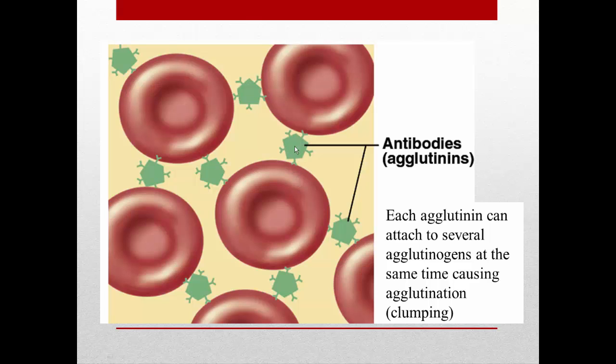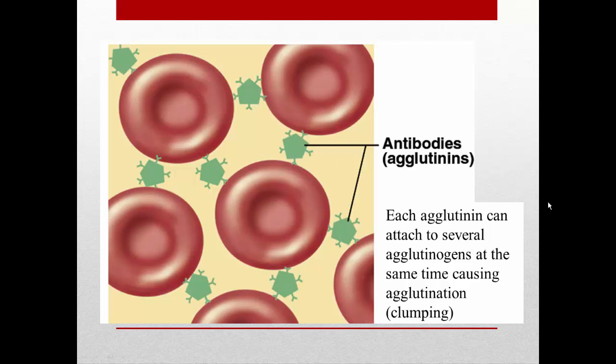So if this was an A antibody, that little arm would attach to the A antigen. And here's another arm that would attach to another A antigen on that red blood cell. So since these antibodies have multiple arms, they can attach to more than one red blood cell. And so when you get a group of those antibodies attaching to multiple blood cells, you end up with this blood agglutinating or clumping.